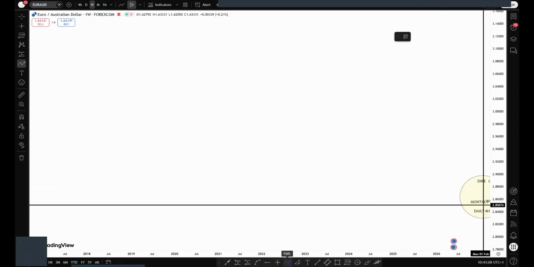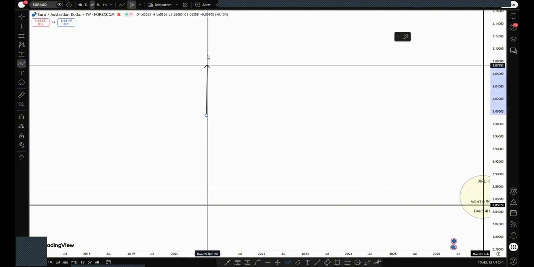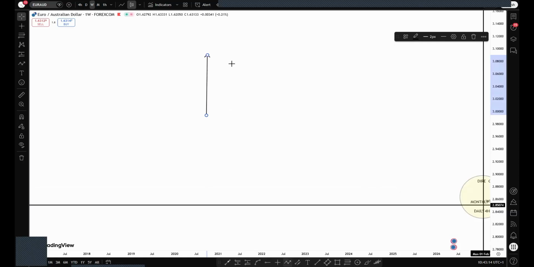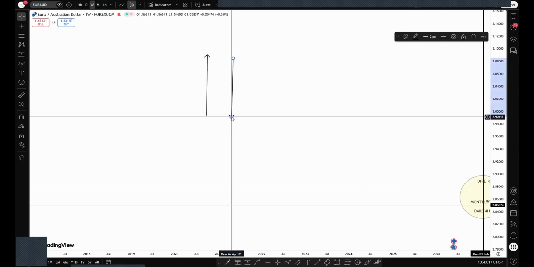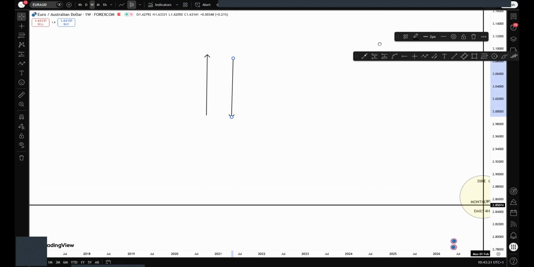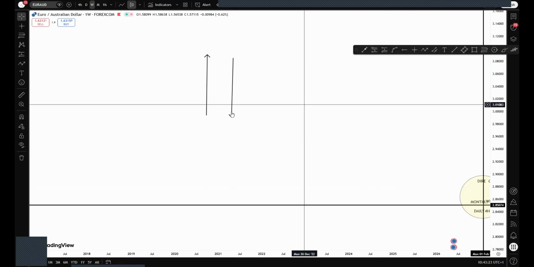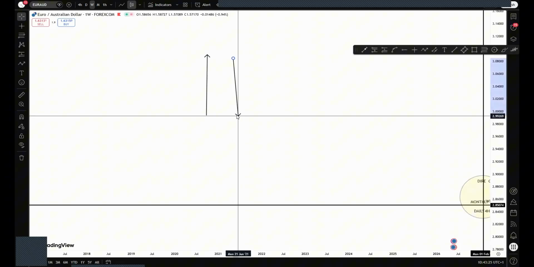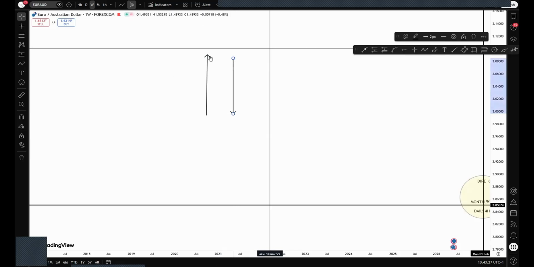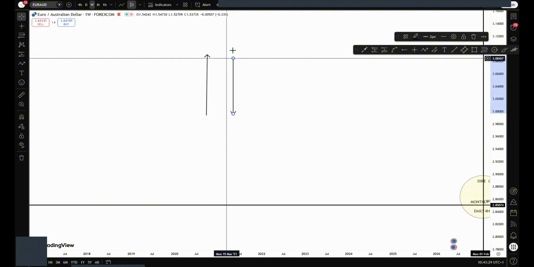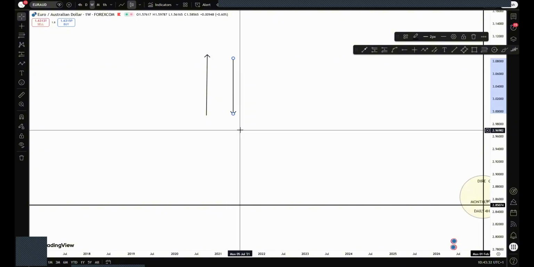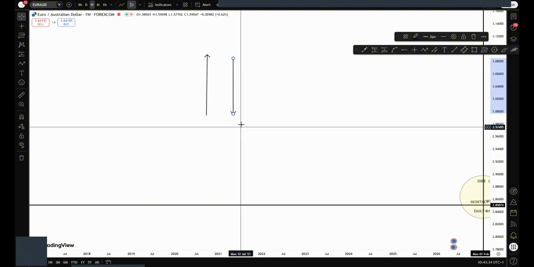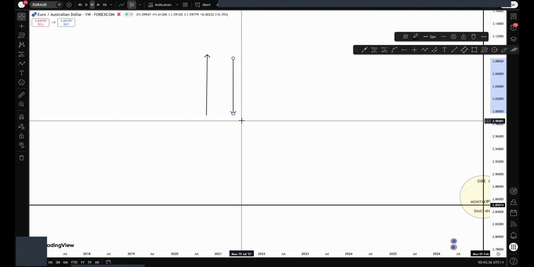And price will only do one thing: either go up or go down. It's just these two, nothing else. You see? So our job is to know when price is going up and why price is going down. You should just know when price is going down or up, or why it's going down or up.